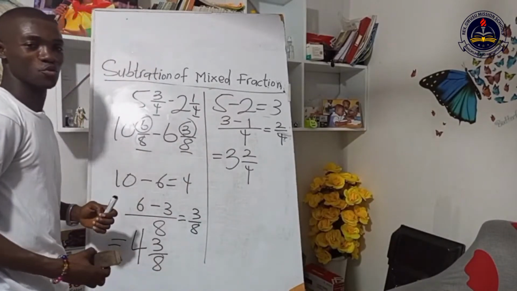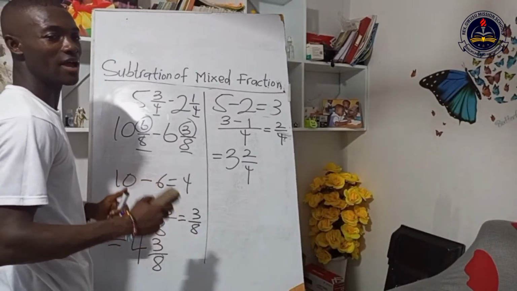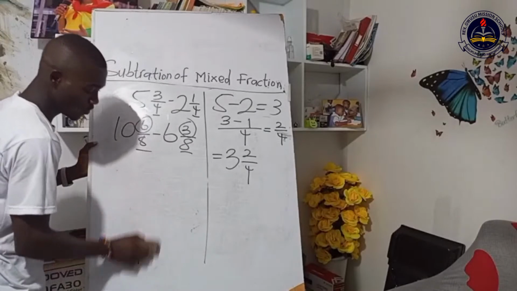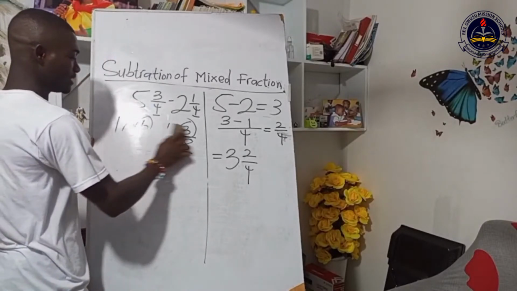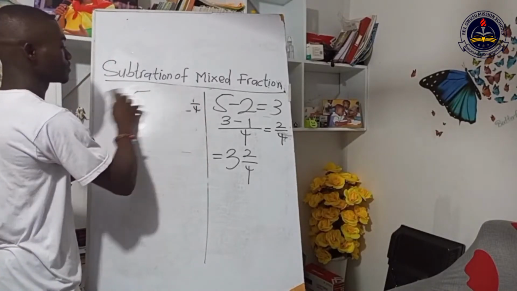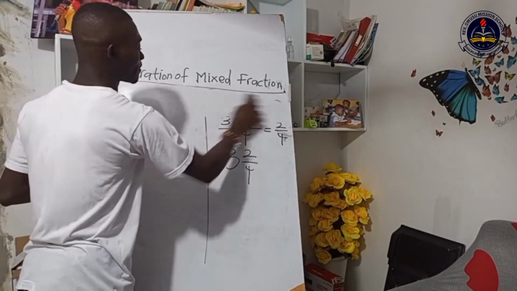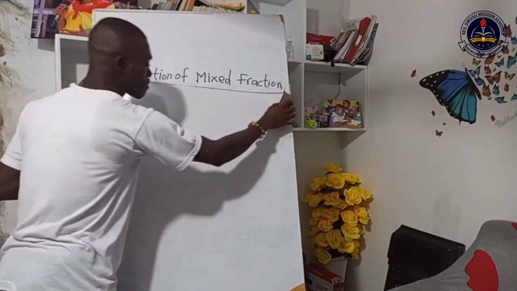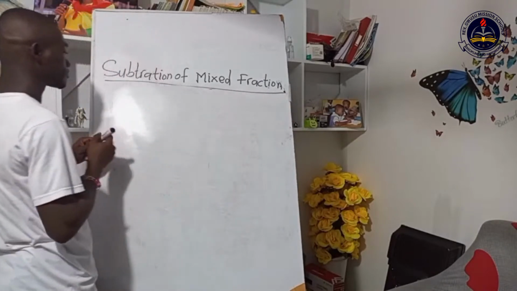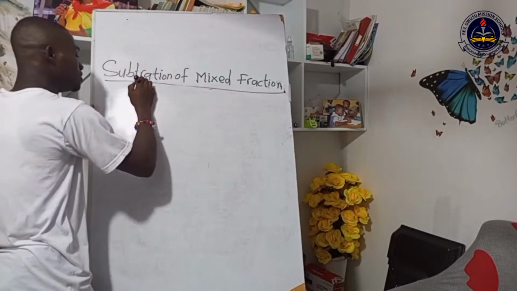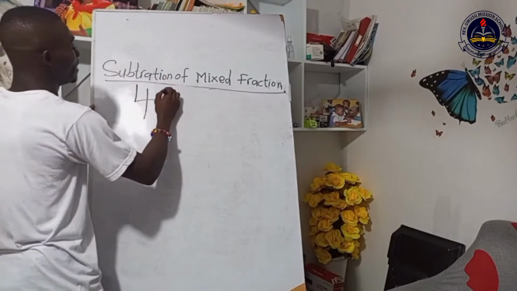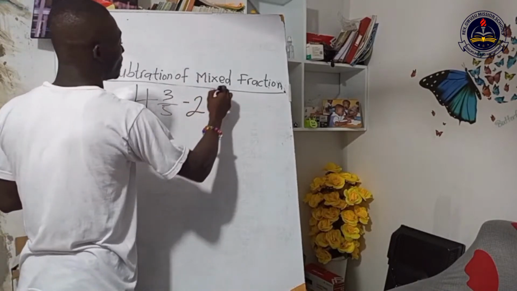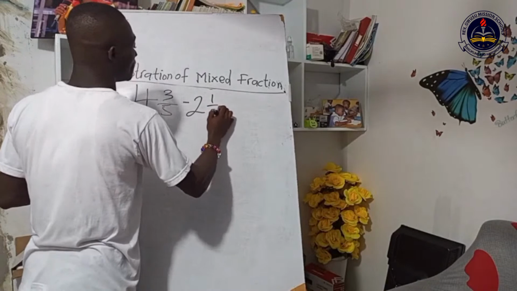Now I'm giving you my DIY. Do it yourself and let's see how you are mastering it. So our first DIY is 4 whole number 3 over 5 minus 2 whole number 1 over 5.